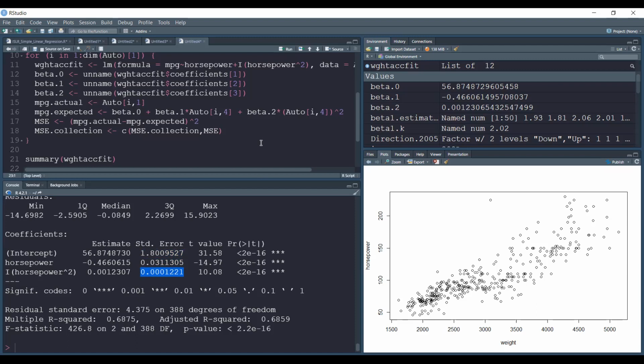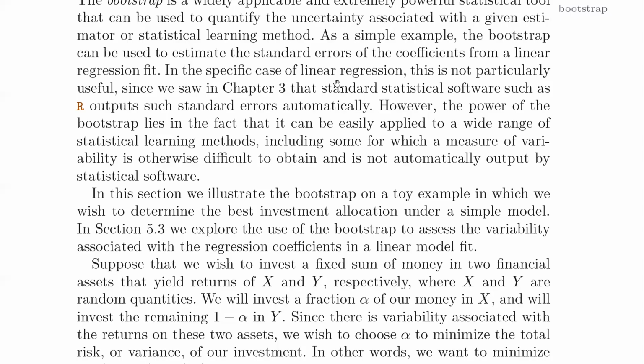We're going to find it useful when we're using models that perhaps do not depend on the assumption of linearity. Let's have a look. So in the specific case of linear regression, bootstrap is not particularly useful, since we saw in chapter 3 that standard statistical software, so for example, R, when we use lm, outputs such standard errors automatically.